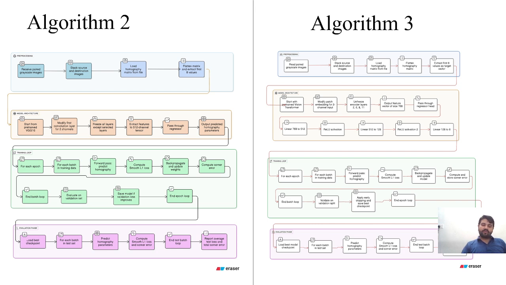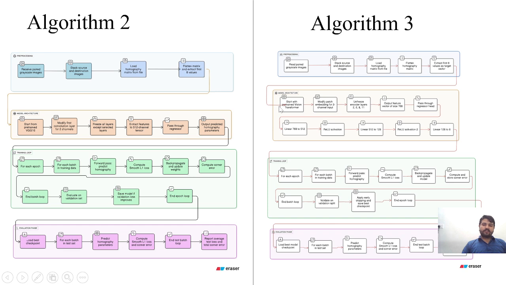Similarly, in the case of algorithm 3, instead of VGG16, I use the pre-trained architecture of the vision transformer, ViT. In this, all things are the same except the model architecture.